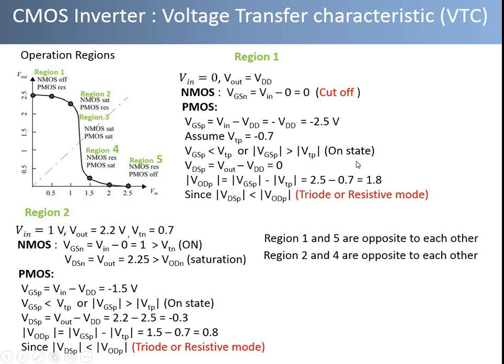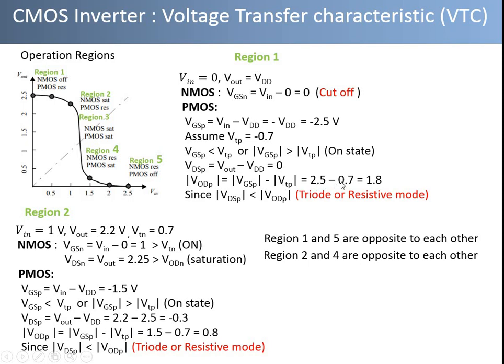Now to evaluate whether the PMOS transistor is in triode or saturation mode, we require the value of drain to source voltage for PMOS, and we know that VDSP is equal to Vout minus VDD. Vout is VDD, therefore VDSP is equal to 0, and the overdrive voltage of PMOS is equal to the absolute value of gate to source voltage minus the absolute value of threshold voltage.